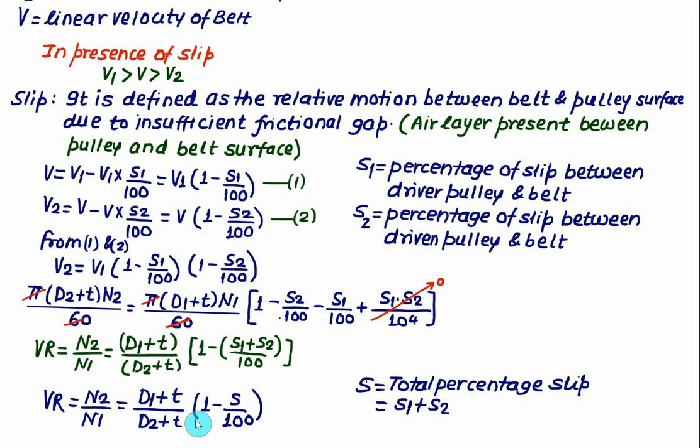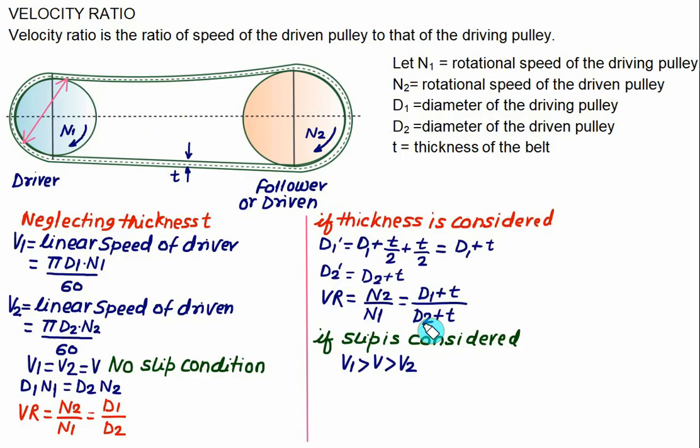If the slip is not given, suppose the value of S is equal to 0, then the equation reduces to Vr is equal to N2 by N1 is equal to (D1 plus T) divided by (D2 plus T), and if the thickness is neglected, then put T equal to 0. You get a very simplified form of the velocity ratio: N2 by N1 is equal to D1 by D2.